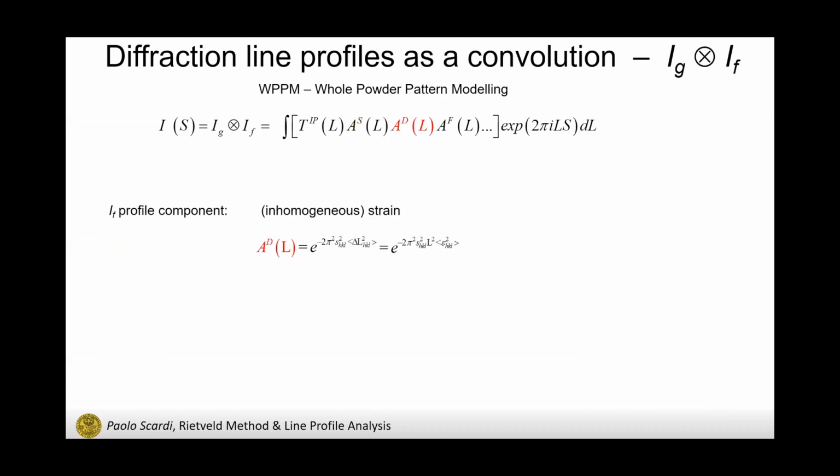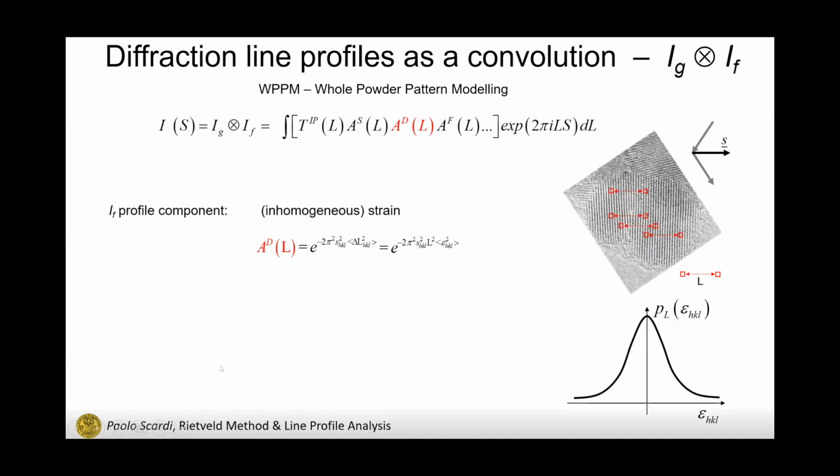What about the strain? Expressions are also available for the effect of inhomogeneous strains, which involve the mean square displacement or the mean square strain. The expressions are not simple because actually, contrary to what you have seen for the simplified expression for the full width at half maximum, it is necessary to consider the strain or the displacement, but what we need, as you read here, is the variance.